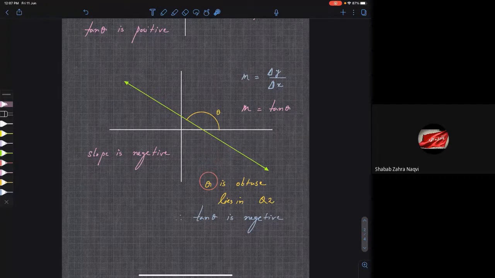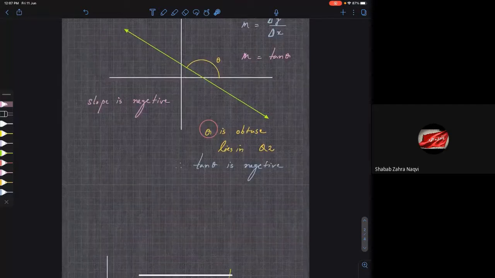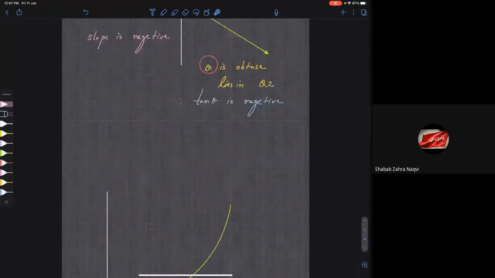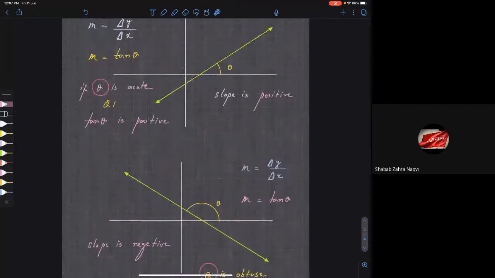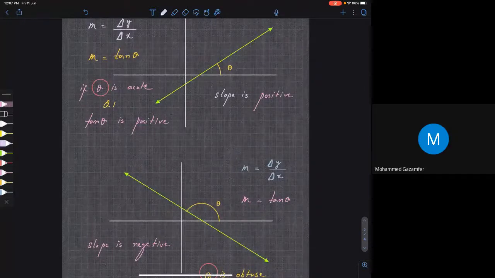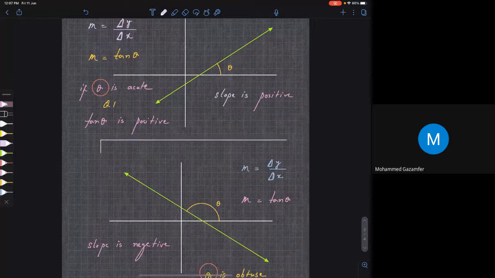So obviously when you look at the smaller angle, there are only a few possibilities. Let me just write down here. If I draw a box, what are the possibilities of theta?